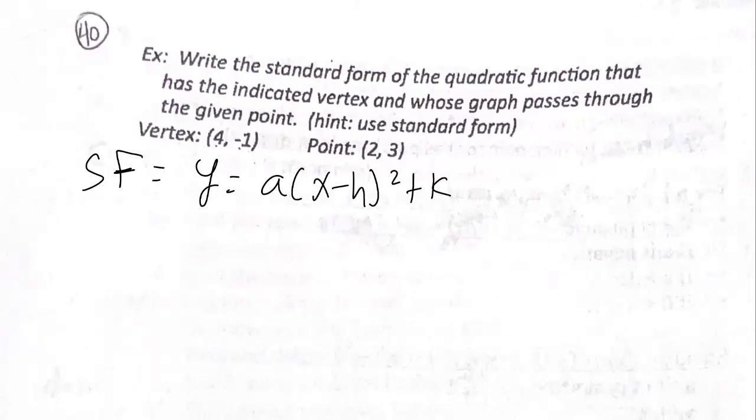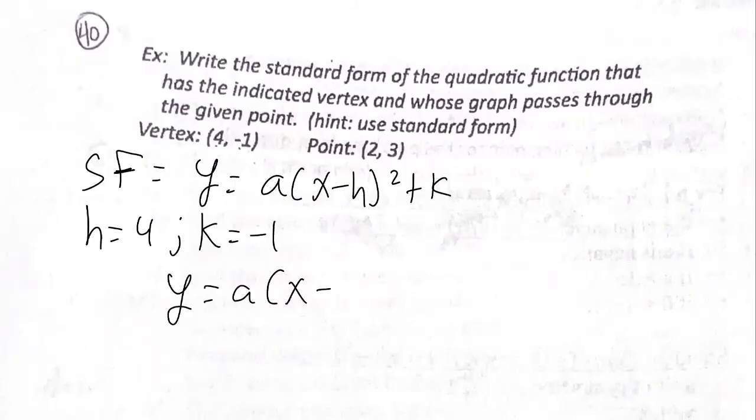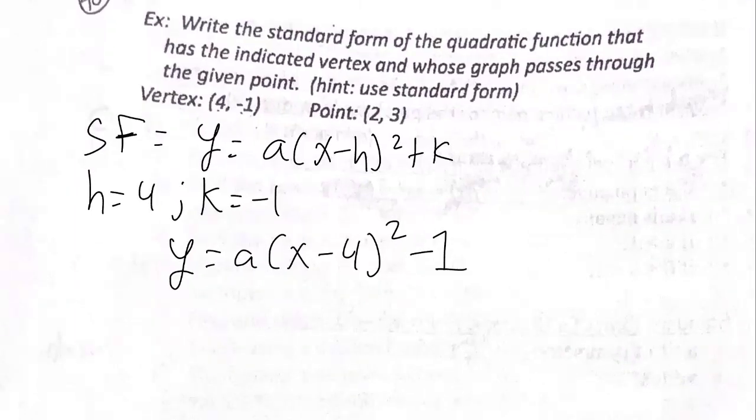Now, luckily for us, we already have the vertex. h is equal to 4, k is equal to -1. So all we have to do is plug that in. y equals a(x minus 4) squared minus 1, because k is -1 and h is just 4.